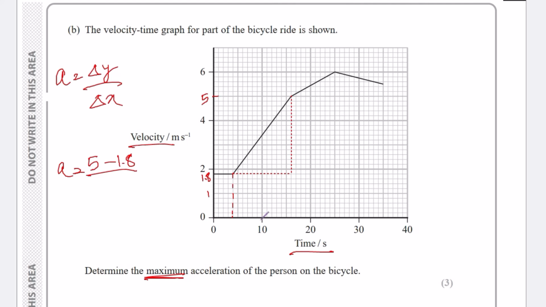This is 4, and this value is 16. So 16 minus 4. So the value is 0.27 rounded off to 2SF. 0.27, and since it's acceleration, the unit should be meter per second squared.